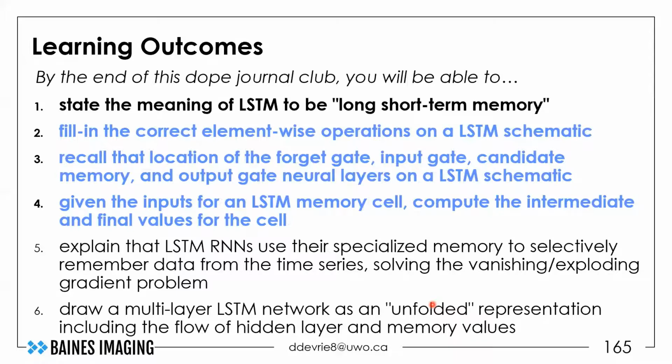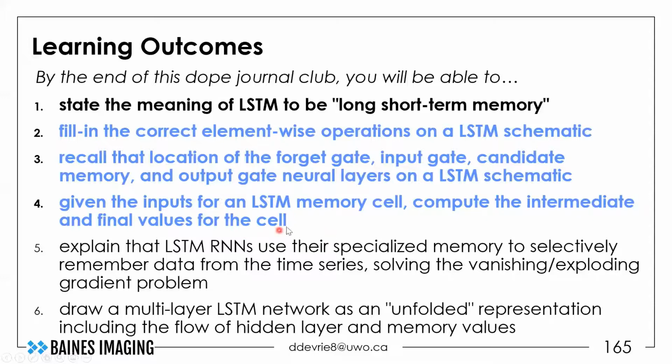I realize that was probably a bit of a doozy of an explanation, and we were going through a lot, but we knocked off 3 of our learning outcomes by doing that. First, we learned to fill in the correct element-wise operations on an LSTM schematic, so we know where those multiplications, additions, and hyperbolic tangents go. We know where the forget gate, input gate, candidate memory, and the output gate are within the LSTM cell.